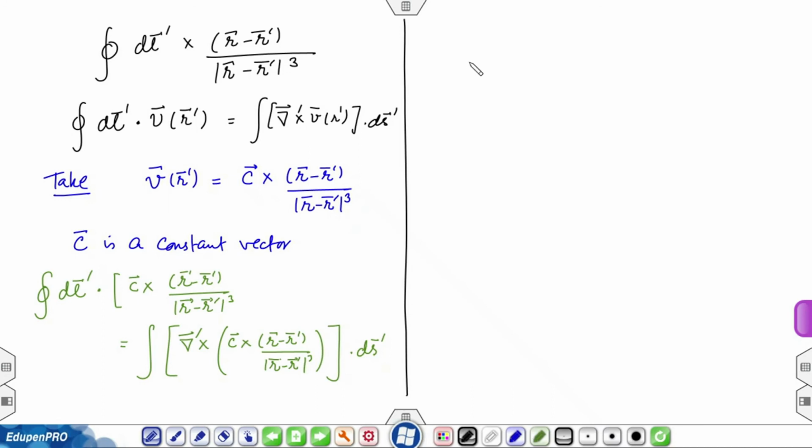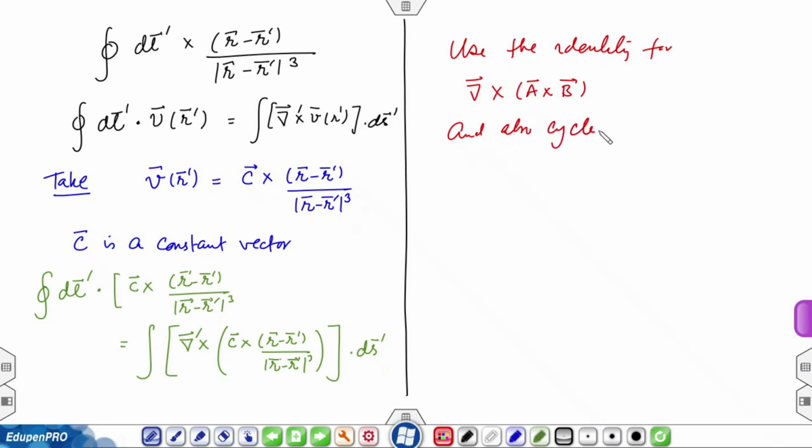Now, use the identity for curl of A cross B and also the cyclic property of this product A dot B cross C, so that you can write this as C dot A cross B and so on.